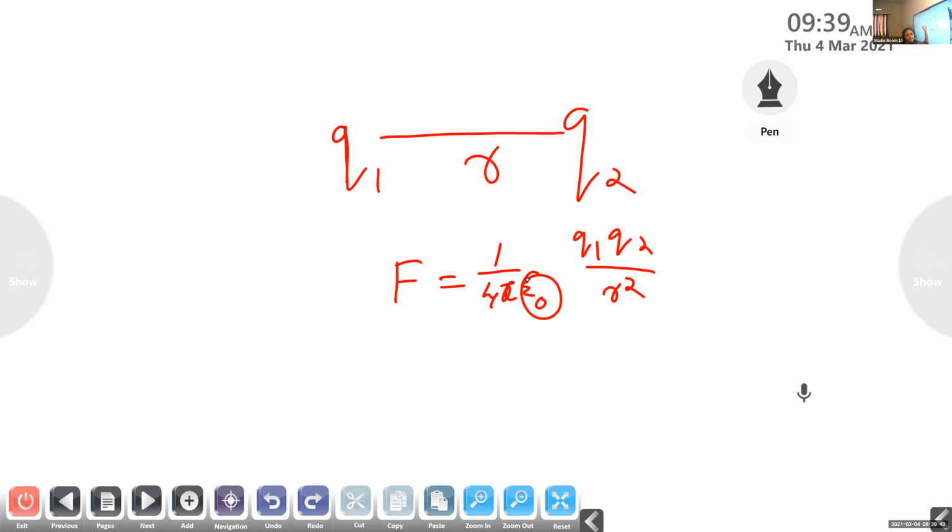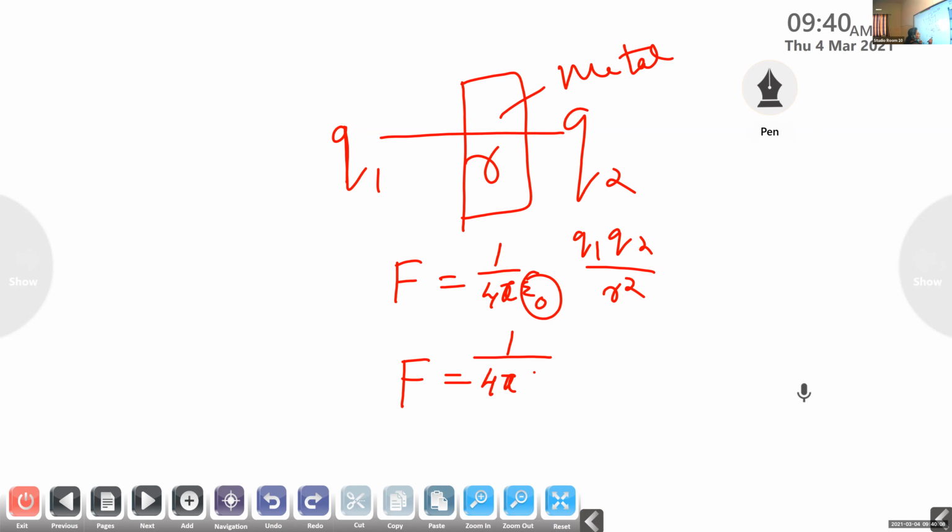In that case, there is no material medium between the charges. There is only vacuum. The medium is vacuum or free space. So it is the ability of free space to permit the electric field. Now, in addition to free space, imagine a metal is present between these two charges. Then the force of attraction between them is modified as F is equal to 1 by 4 pi epsilon 0 epsilon r, Q1 Q2 divided by r square. The epsilon r is due to the presence of the metal between the charges.